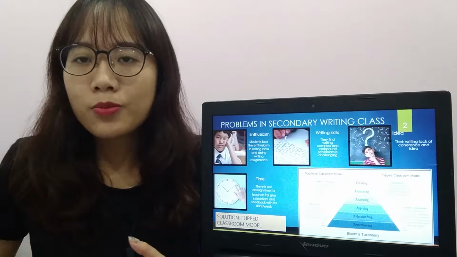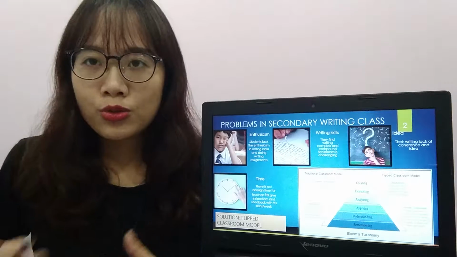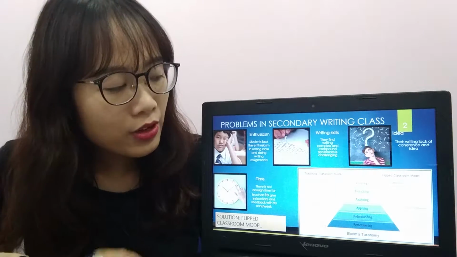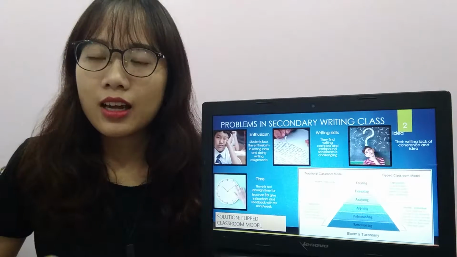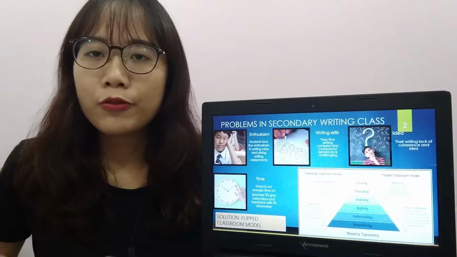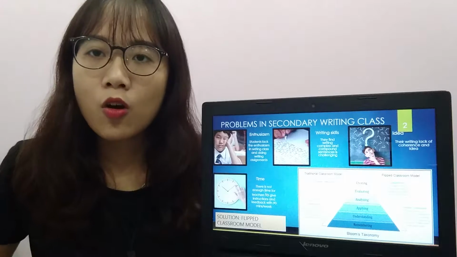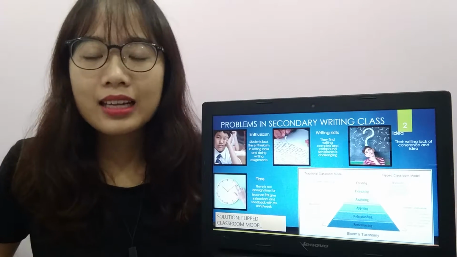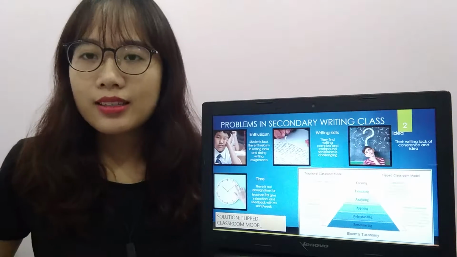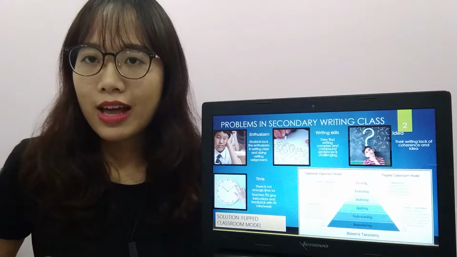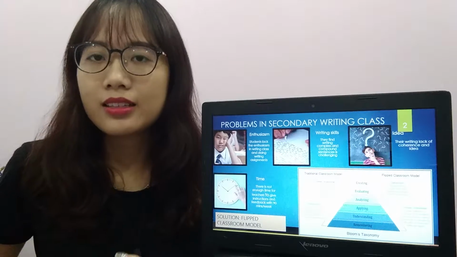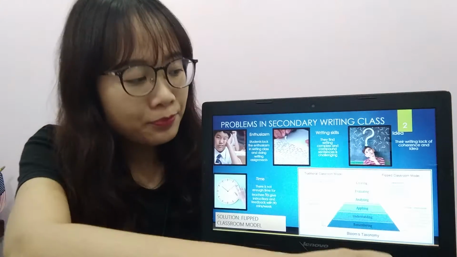With flipped classroom, they flip the two stages. The first stage, remembering, understanding and applying, will be done before the class at home. And in class, the teachers will design activities for students to evaluate, analyze and create.